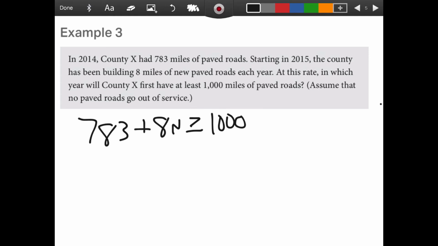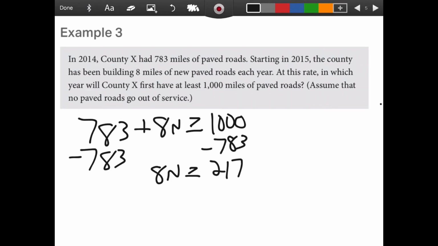Same with 1,000. Now, if we solve, we get 8n greater than or equal to 217. Then we want to solve for n because we want to know the number of years.